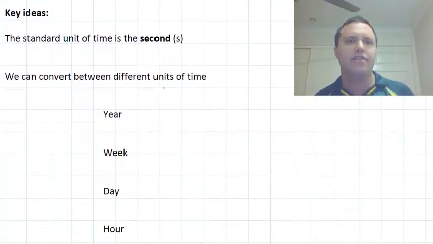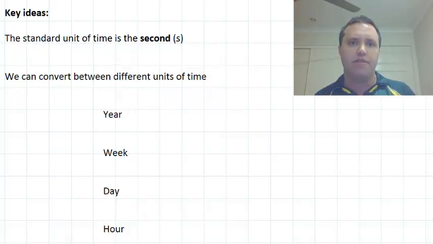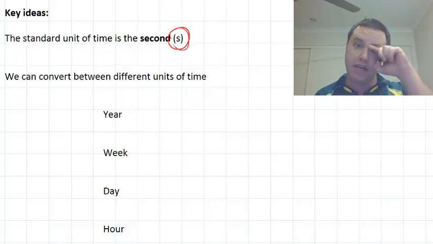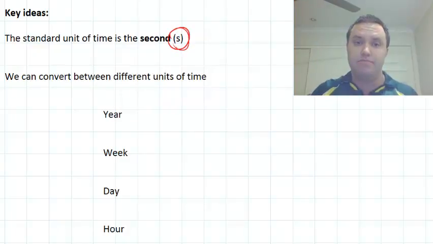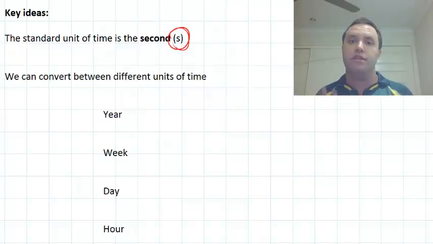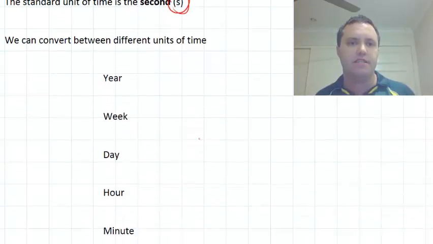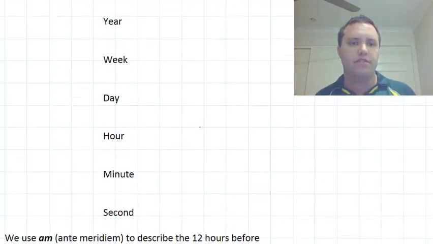So the standard unit of time is the second. The abbreviation for it is just s. Just be careful with that. You might want to put sec or something, but just go with s. It's all you need for seconds. And similar to the way we've converted between different amounts of distance, we can also convert between different units of time.